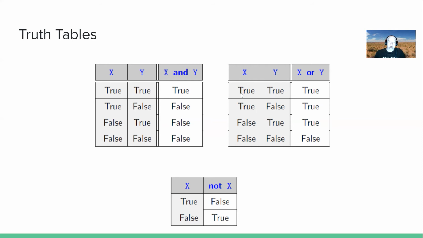For the or, if X is true and Y is true, it would evaluate as true. If X is true and Y is false, it would evaluate as true because one of these is true. If X is false and Y is true, that would evaluate as true.